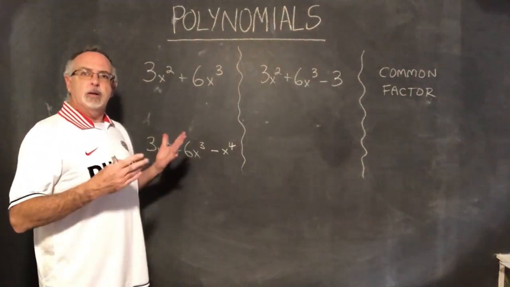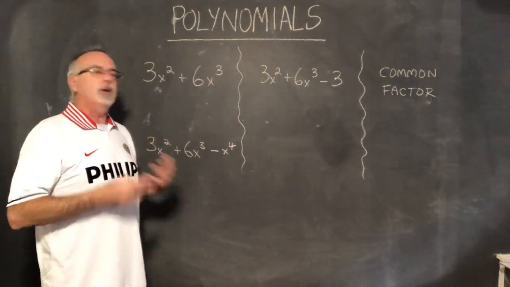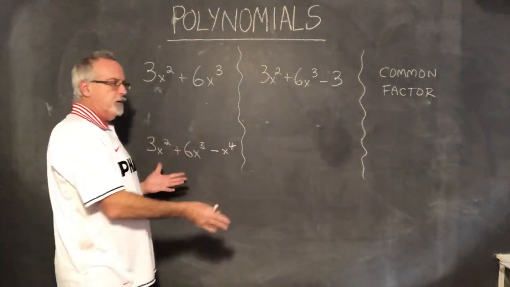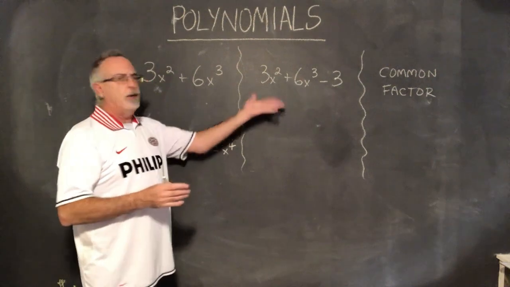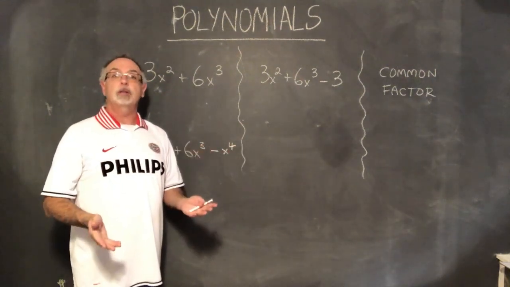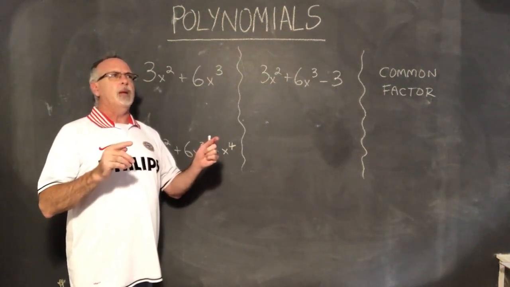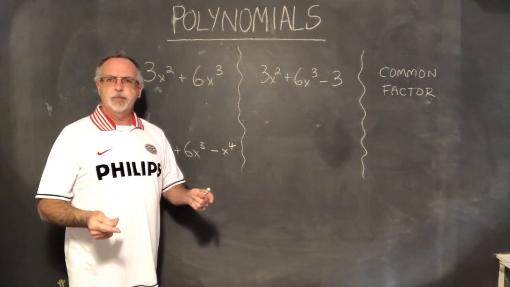Now this is very similar to something that we already have done a lot of with numbers before we encountered polynomials, before we were dealing with variables. We think of a greatest common factor, for instance, when we are reducing a fraction.